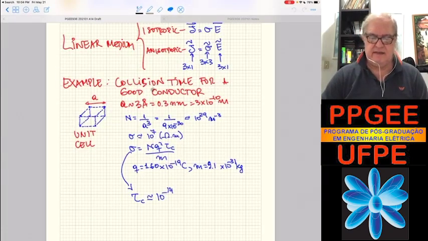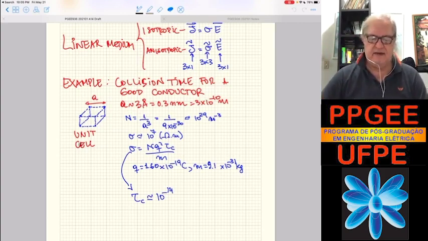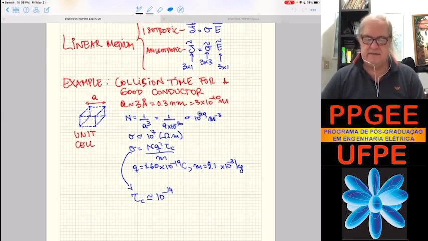I have this example here. We assume a equals 3 angstroms. That gives me a density, you can calculate the volume of a unit cell, right, in a crystal. Then you have the length, you have the density, which is approximately 10 to the 29.